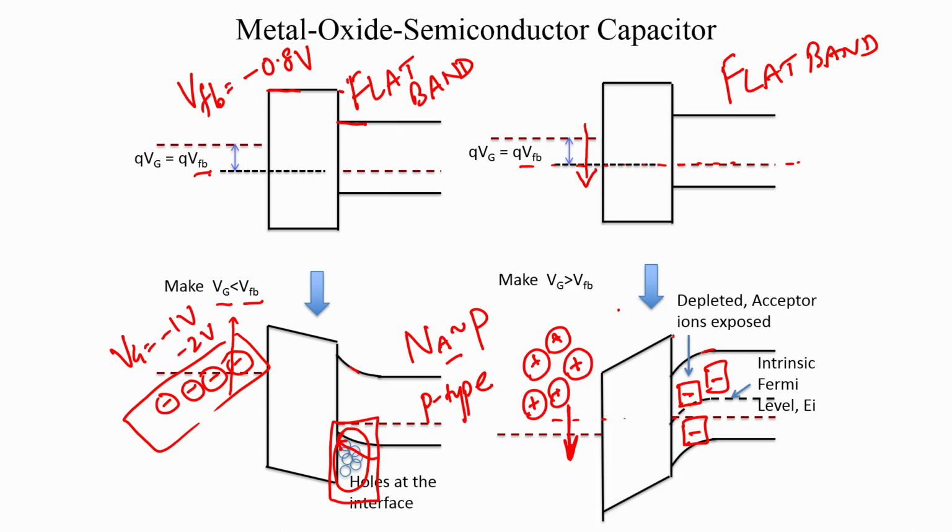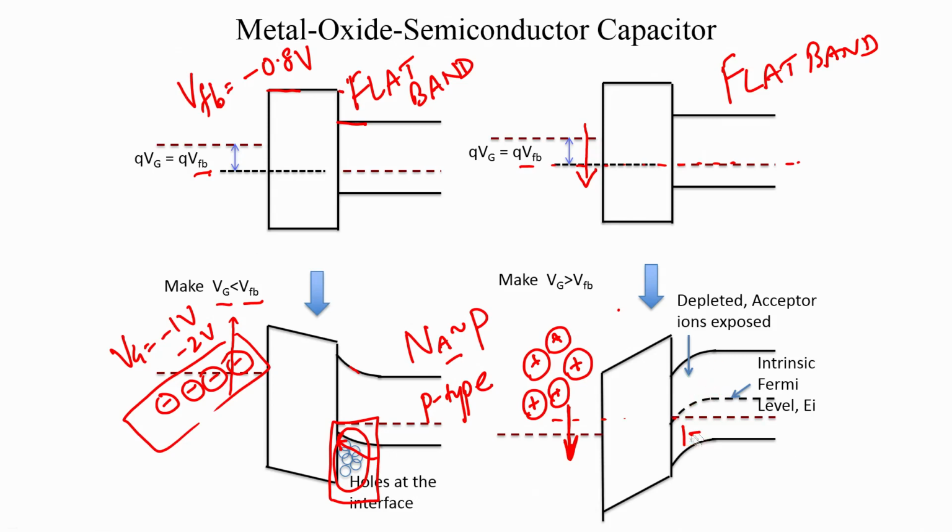And this bending of the bands begins to encourage the negatively charged electrons to appear at the interface. So, you have two potential mechanisms, the negatively charged electrons and the negatively charged space charge, which is the fixed acceptor ions in the semiconductor, that can balance the positive charge on the gate.